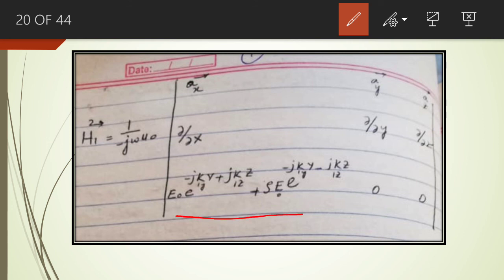So the x component of E1 is E naught into e raised to power minus j k1y y plus j k1z z plus rho E naught into e raised to power minus j k1y y minus j k1z z. The y component of E1 is 0 and the z component of this is, you see, az. So the z component of E1 is 0 as well.